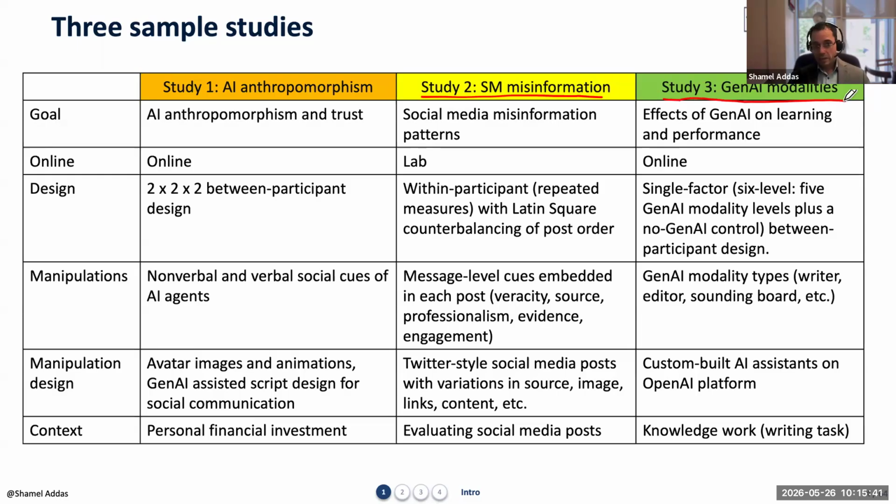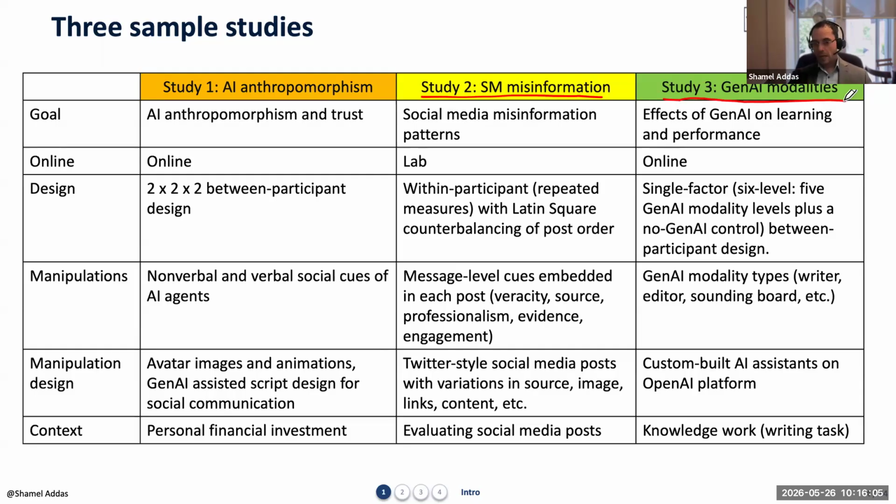We had 5 levels for the different Gen AI modalities, which we call different ways of using generative AI. I'll talk about those details later as well. And then we had a 6th group, which was the no generative AI. So people would just write the article by themselves without the help of generative AI tools.